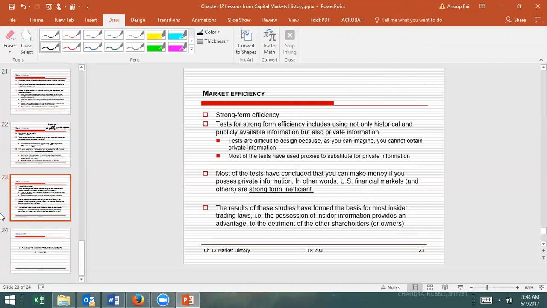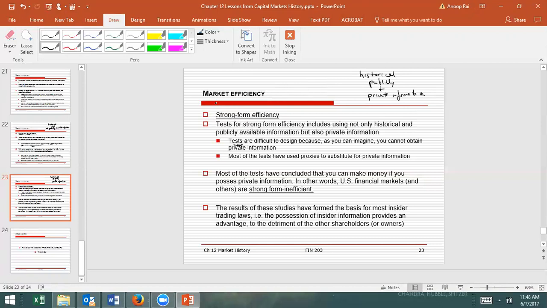Finally, we have the strong form efficiency. What we mean by this is historical data, all publicly available data, plus private information. So if you had private information that others did not have, are you able to make money? Now, as you can imagine, the tests are difficult to design because private information is private. How do you test it?